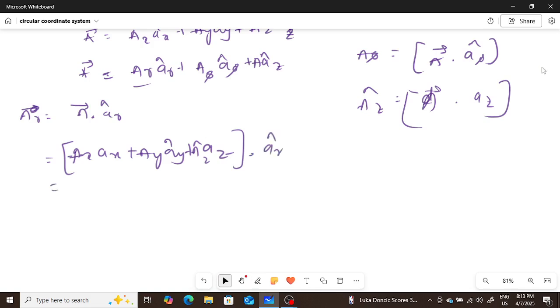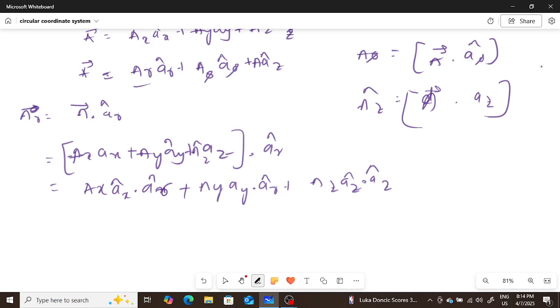Now AX dot AR, plus AY dot AR, plus AZ dot AR. Now these are the unit vectors.